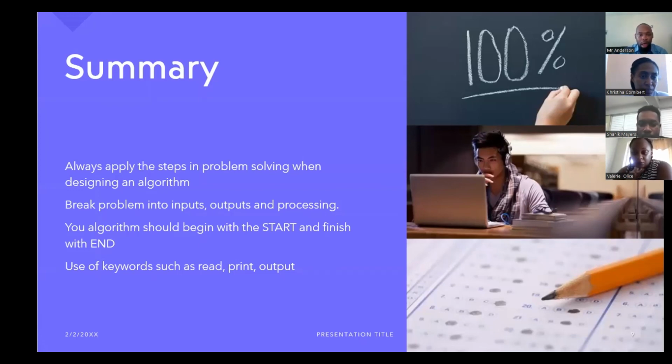We know that our algorithm or pseudocode must begin with start and it must finish with an end instruction. And we know we can use certain keywords such as read, print, or output throughout our pseudocode.